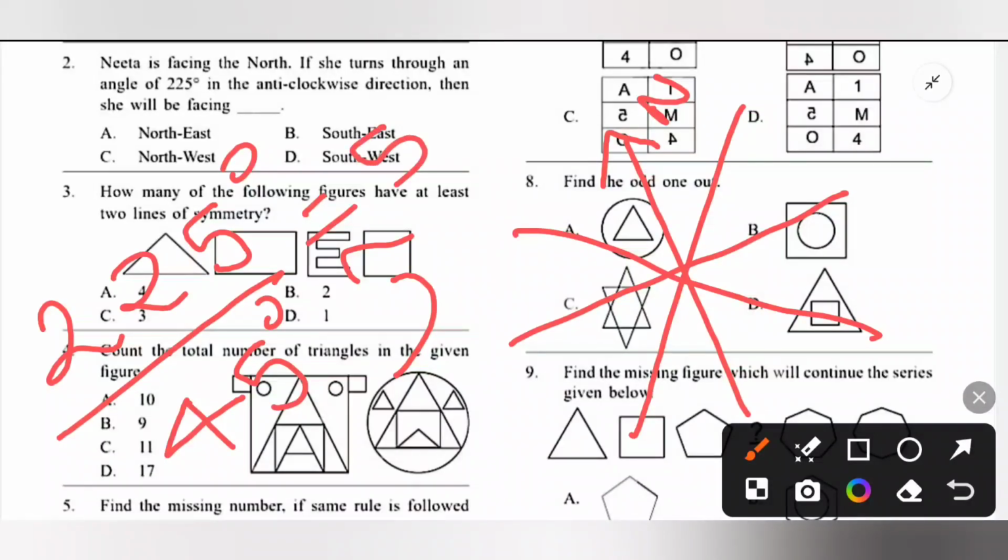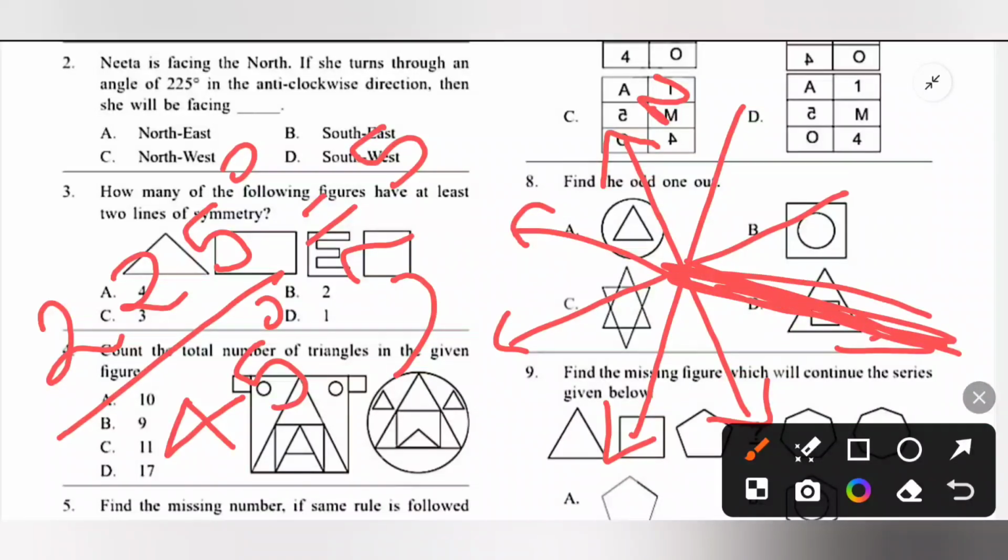So for each step she is moving one step anti-clockwise. So 5 means 1, 2, 3, 4, 5. Okay, so she is facing southeast direction. That is, option B is the correct answer.